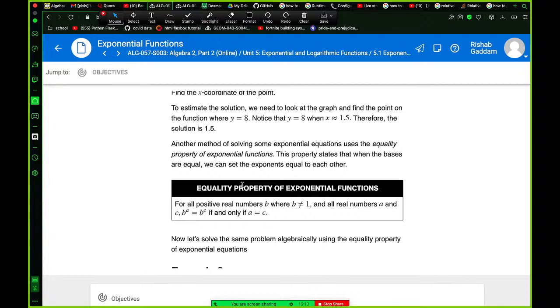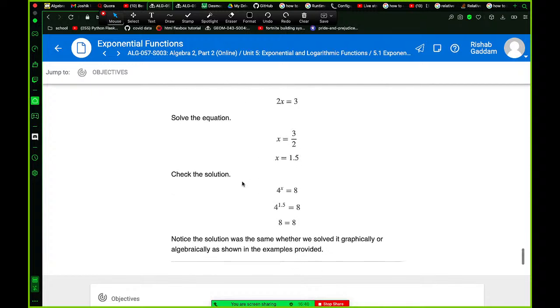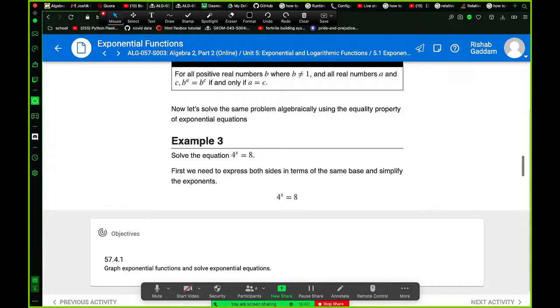For all positive real numbers b, where b is not equal to 1, all real numbers a and c, b to the power of a is equal to b to the power of c, if and only if a equals c. Well noted, Sherlock. Okay, well, super simple, easy stuff, just like I said.